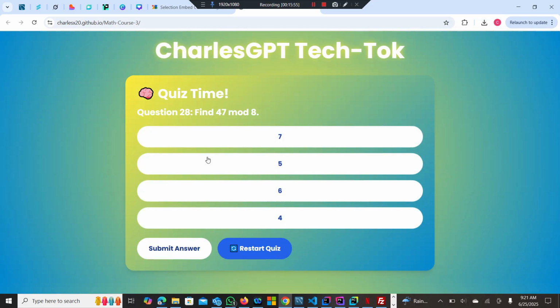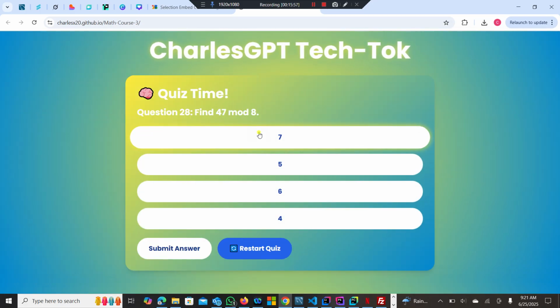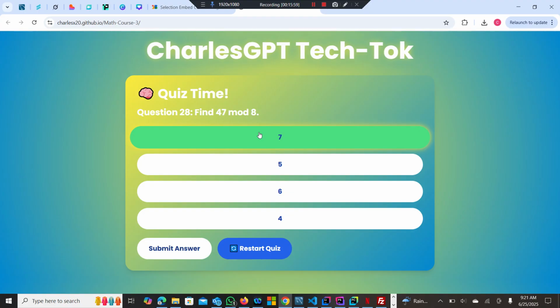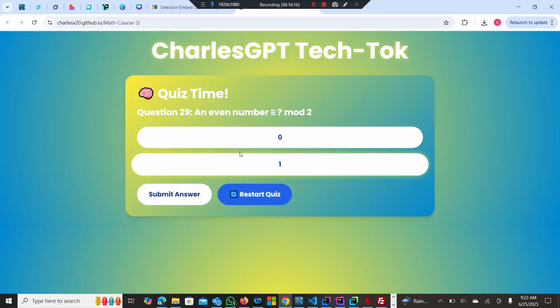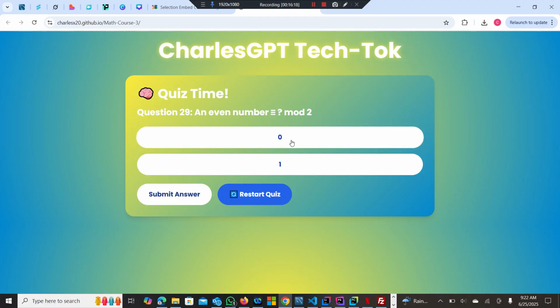So for the next question, we have 47 mod 8 would be 7 because 47 divided by 8 is 5 remainder 7. So we are working with the remainder, so the answer would be 7. So submit, correct. Next, an even number, this, I think it's 0 or something.